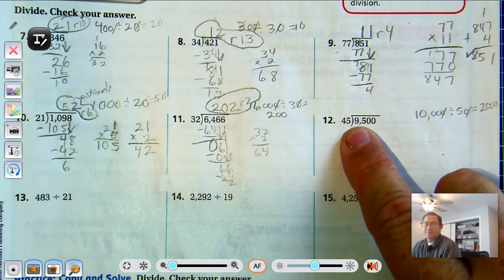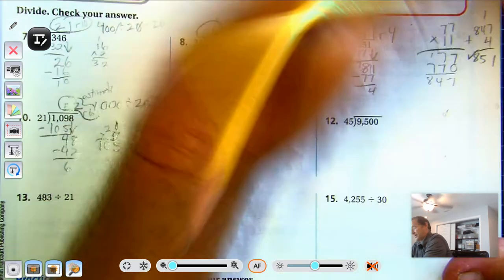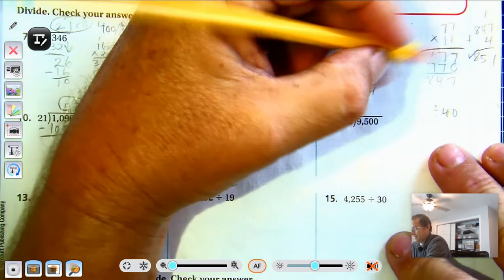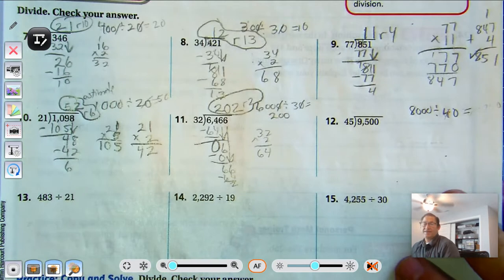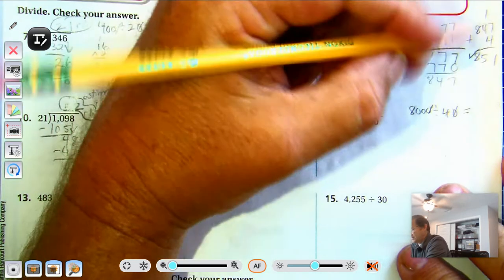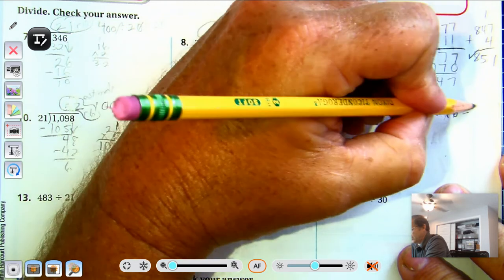Because I can't take 245 from 9. So let's try something different. Let's try an estimate of 40. So 8,000 divided by 40. Cross off the end zeros, and we'll get an answer of 200.